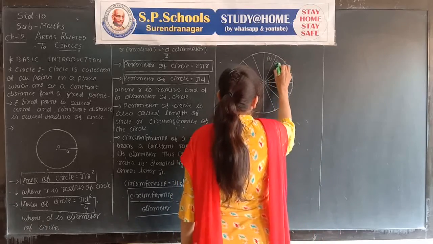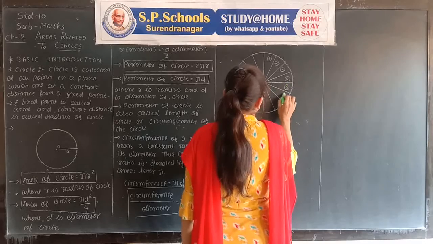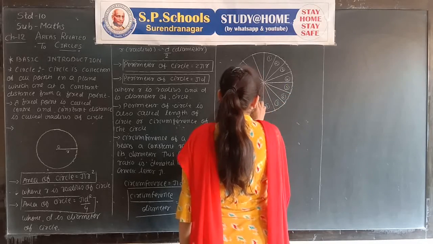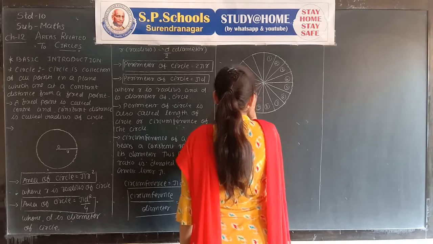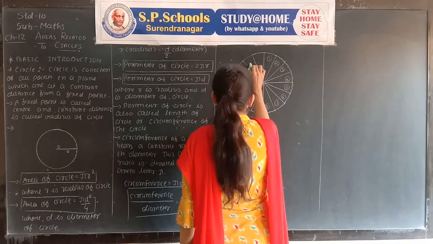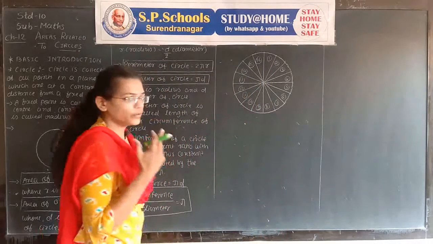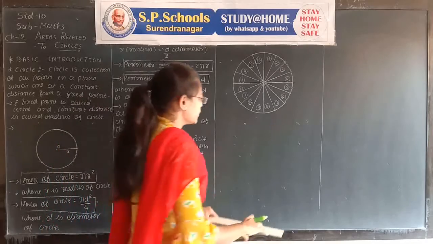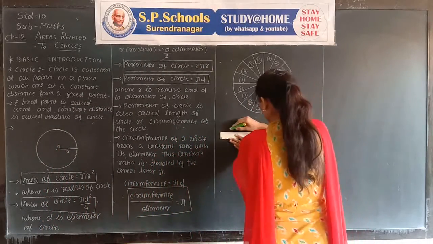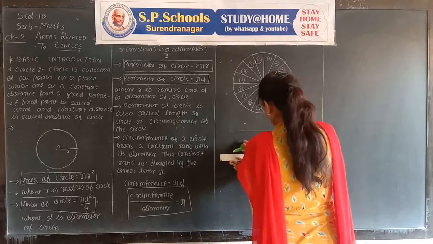One, 2, 3, 4, 5, 6, 7, 8, 9, 10, 11, 12, 13, 14, 15 and 16. We cut these parts and arrange them in a single plane. It is for my convenience.